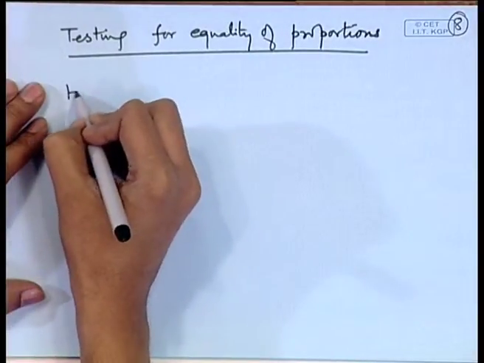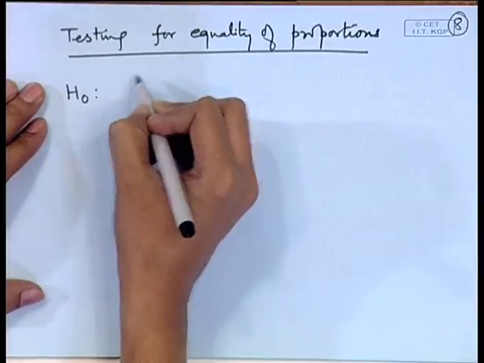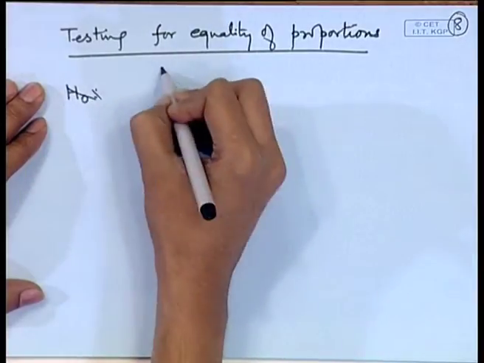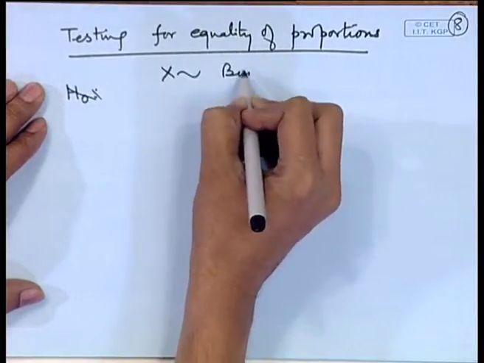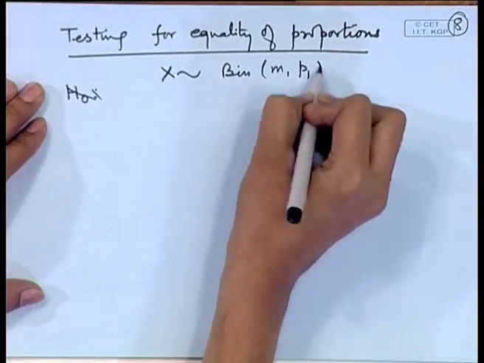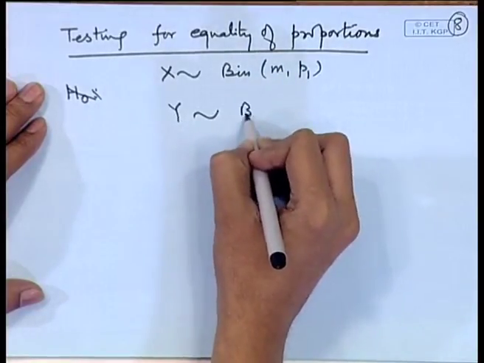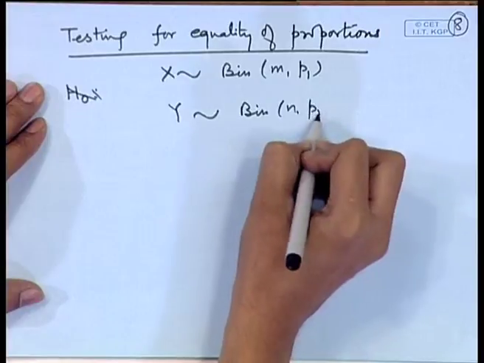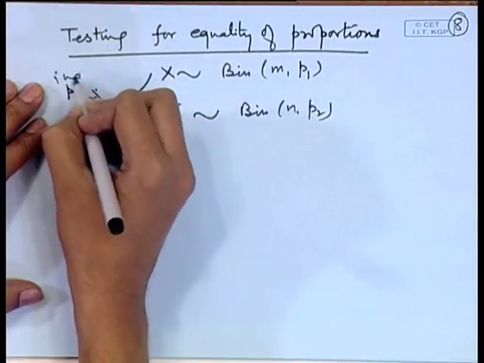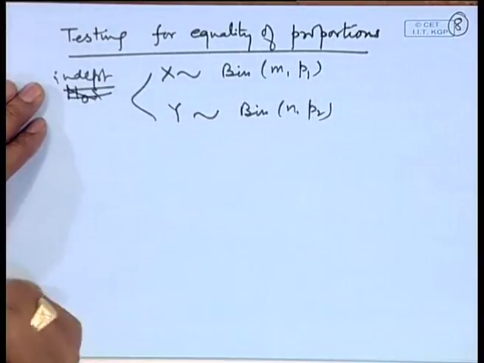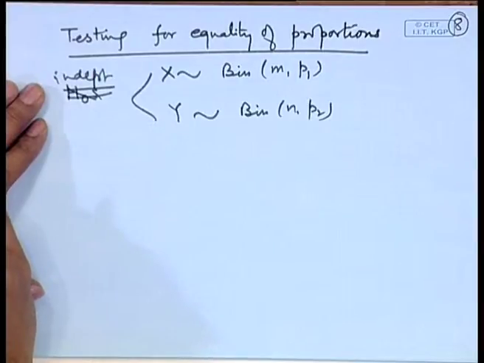So, the general model is of the form X follows, say, binomial(m, p1) and Y follows binomial(n, p2). We assume these two samples to be independently taken here.